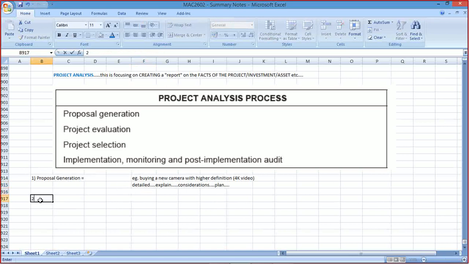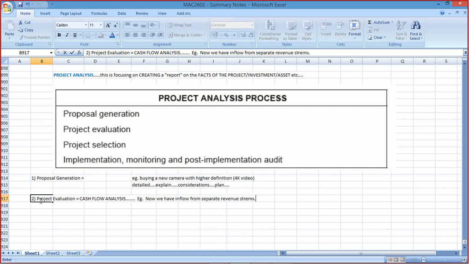Right, the next part is going to be looking at evaluating it. Evaluation is going to be looking at cash flow analysis. So now you've got this new camera. What is it actually going to do? The example could be, well, now we have an increase in inflow from separate revenue streams.